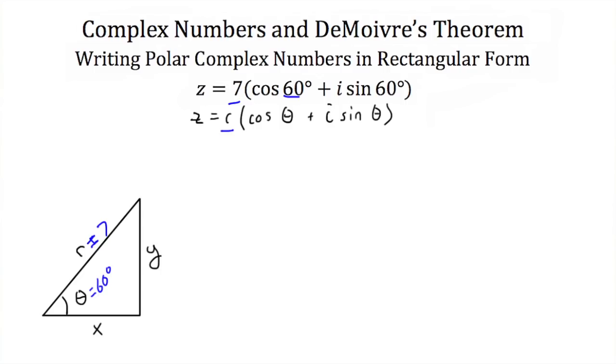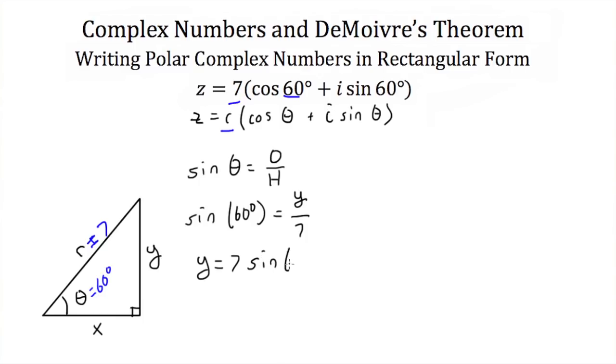Now, using the sine function, remember that sine of our angle is equal to the opposite over the hypotenuse. This is a right triangle, so the sine of theta, which is 60 degrees, is equal to the opposite side, which is y, over the hypotenuse, which is 7. So y is equal to 7 sine 60.